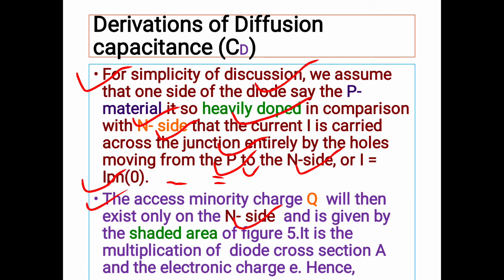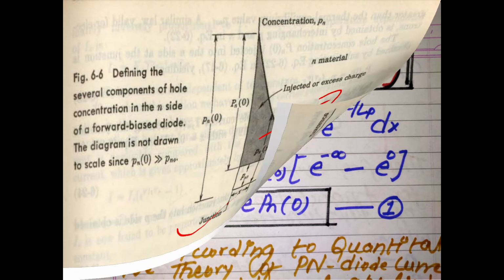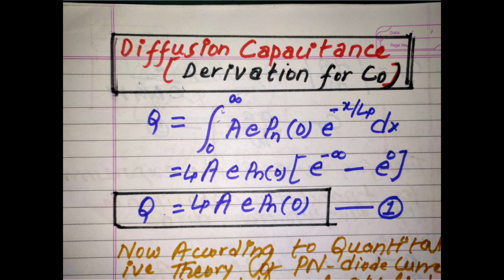It is equal to the multiplication of the diode cross section and the electronic charge, and then we multiply this quantity with the density of the charge carriers. Then we get the equation for charge Q, which is equal to the integration of A into Pn of 0 into exponential to the power minus x upon Lp.